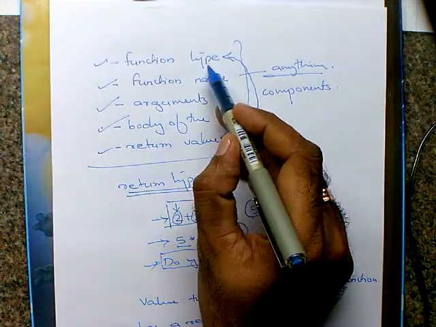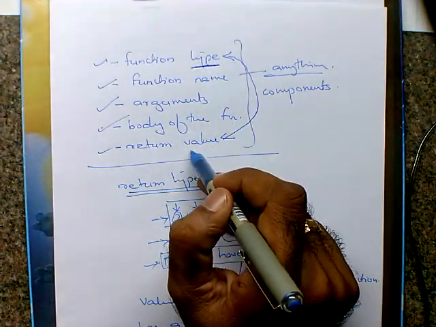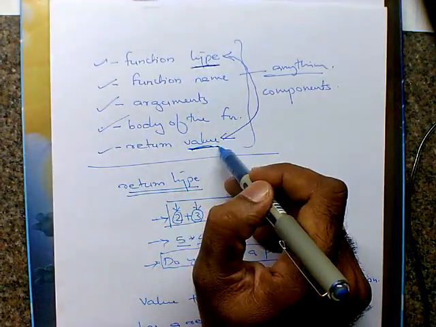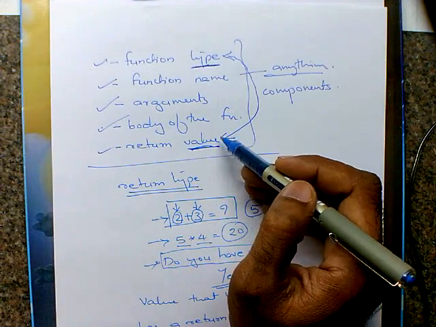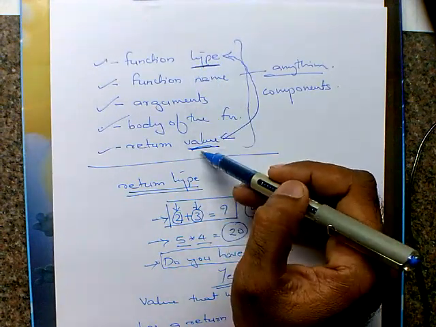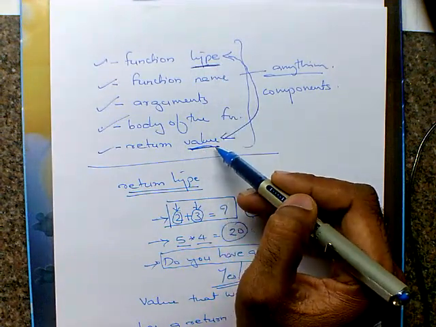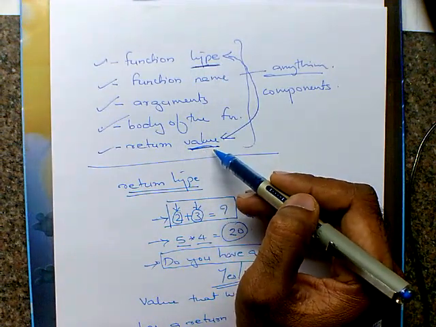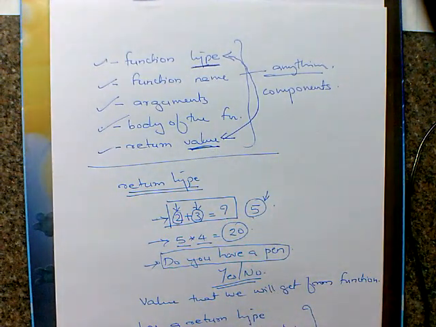This is actually the type, and this is actually the value. That is the difference between the first and the last component. Both are the same, but this is function return type and this is function return value. Here we will mention the type, here we will mention the actual value. Clear? Now we will see how to write a function in C.